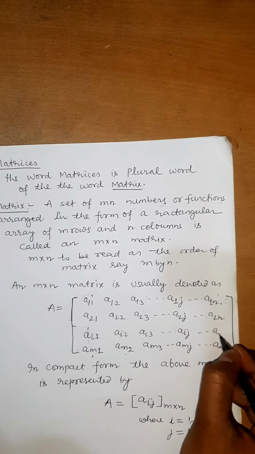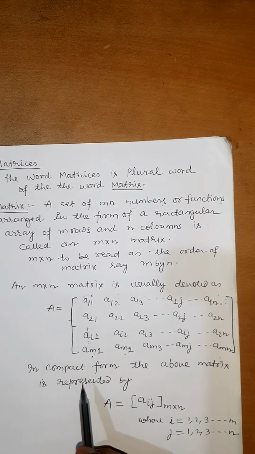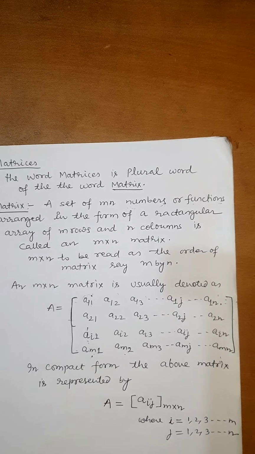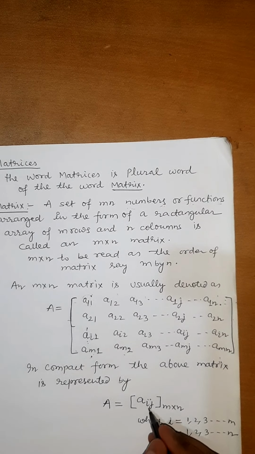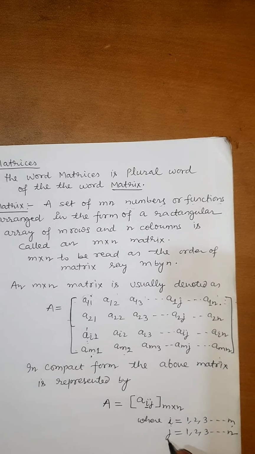So in this rectangular arrangement or matrix, there are m rows and n columns. I represents the number of rows and j represents the number of columns.